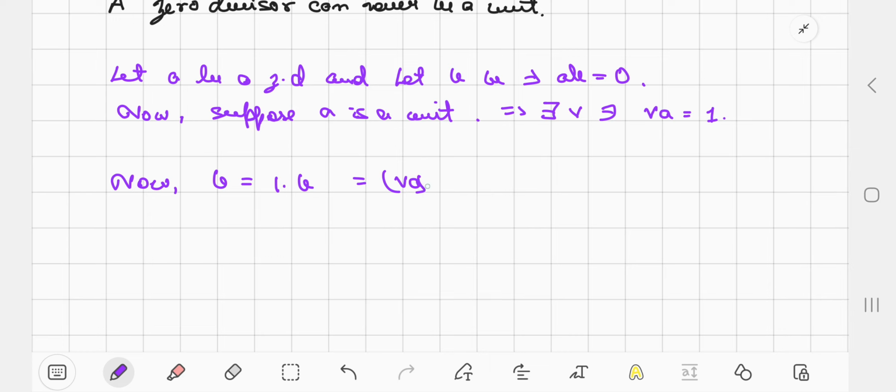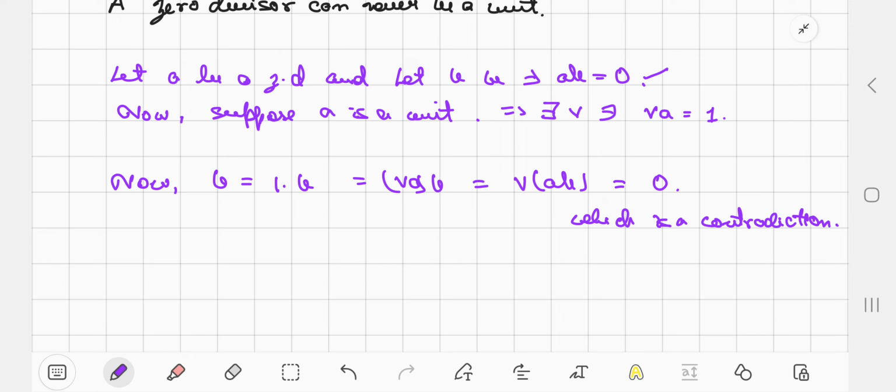So it's VAB, and I can use the associativity law to consider AB together. But then AB is 0, so this is 0. But that's a contradiction, because B is a non-zero element. Which is a contradiction. Clear?